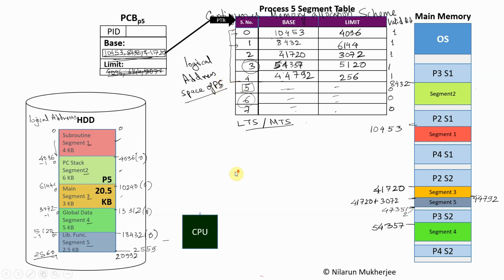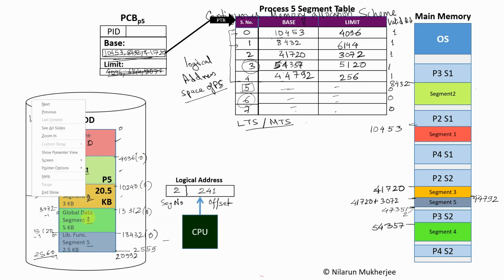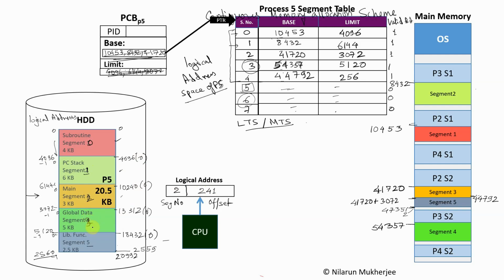Now suppose after that P5 generates a logical address, so it will be divided into two parts. First one is the segment number, the next one will be the offset. And suppose it generates segment number 2 and it wants to access 241. So segment number 2 means this one, this is 0, 1, 2, 3, 4.